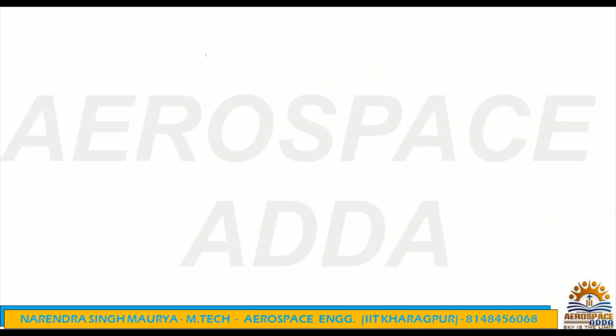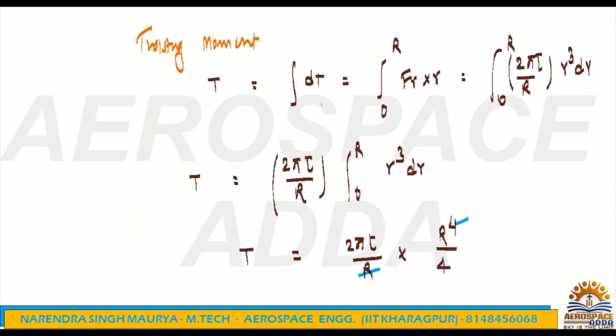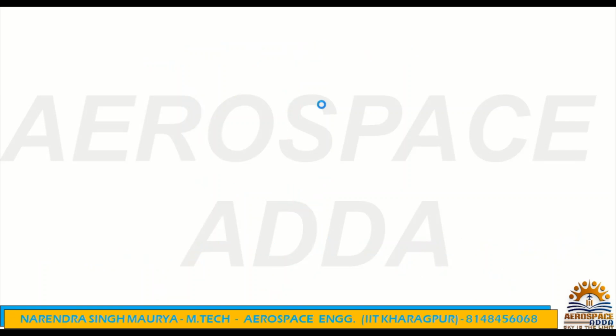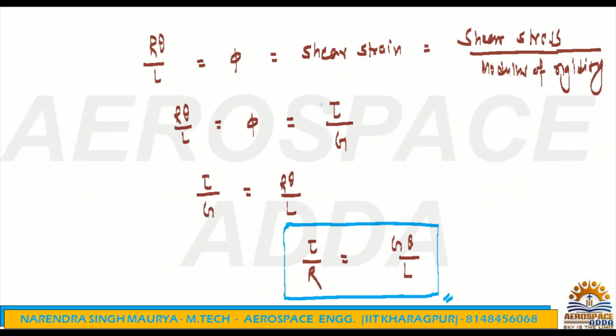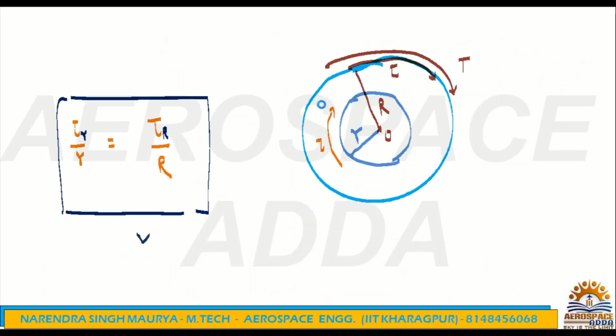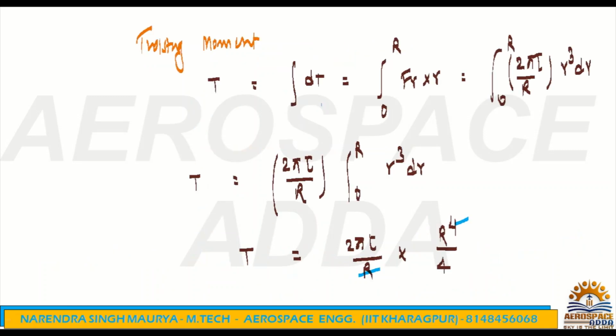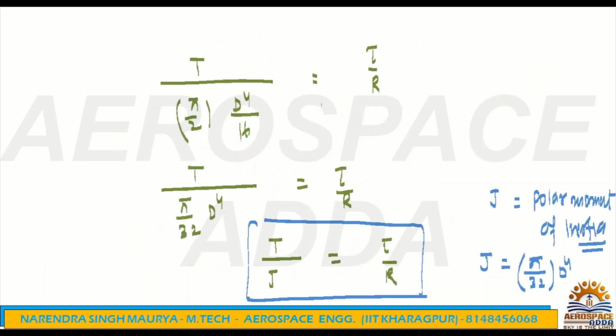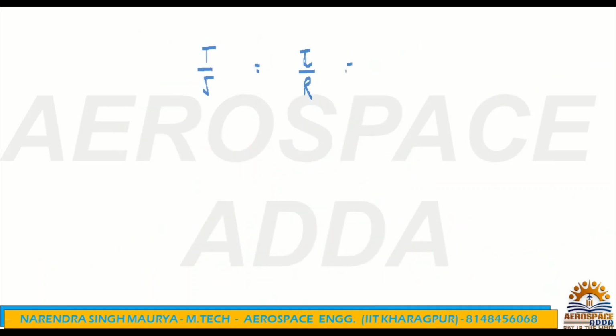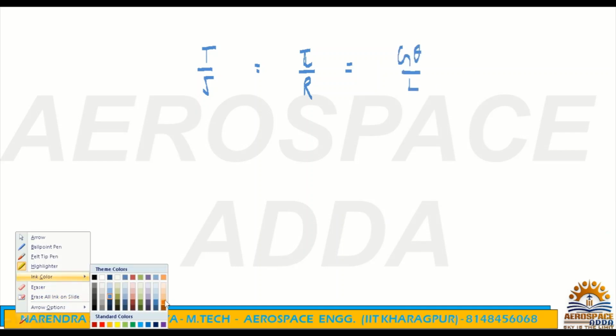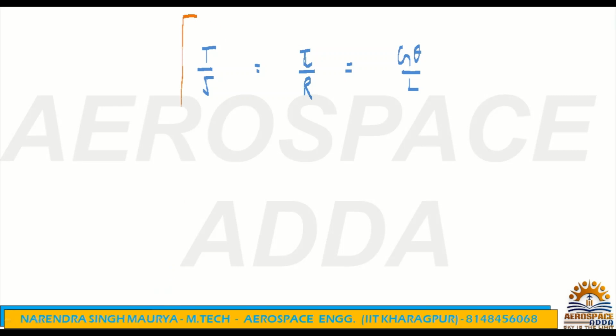So automatically you got T by J is equal to tau by r, and previously we had derived tau by r is also G theta by L. Now you can combine this. So tau by r is also G theta by L. This is the complete equation of the torsion of the shaft.